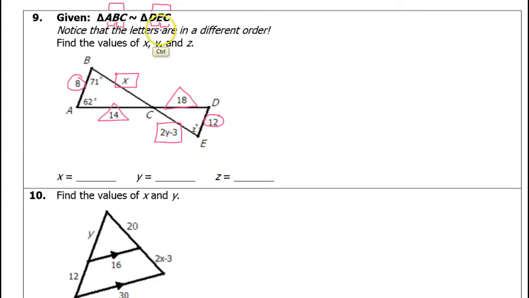Okay, now in the middle we have angle E and angle B, so those are corresponding. So angle B is 71, so that means angle E has got to also be 71. So that tells me that Z is 71 degrees. Okay, so that's out of the way.